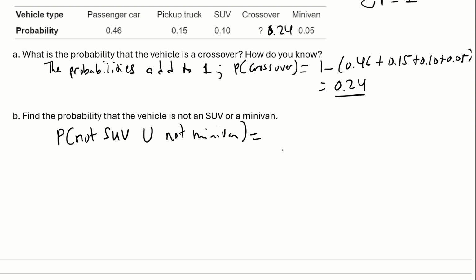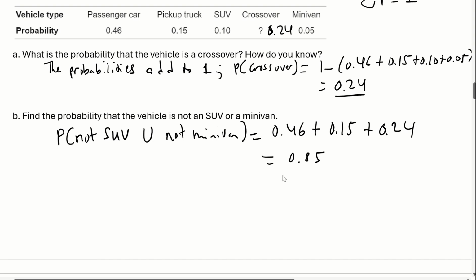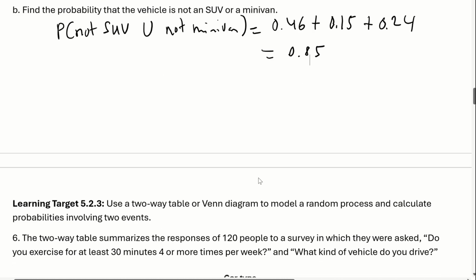So we can add passenger car plus pickup plus crossover, and that's it, right? Anything else that's not the others, they go 0.85. All right. Okay, so that takes care of that one.